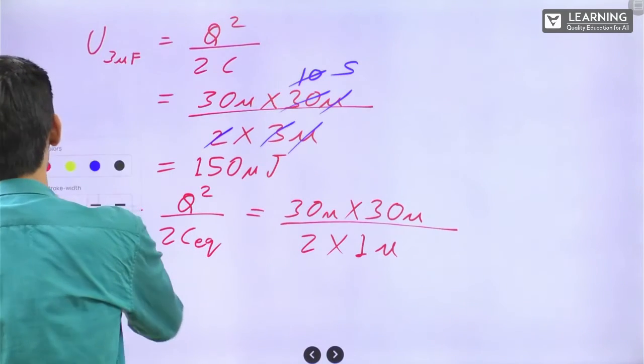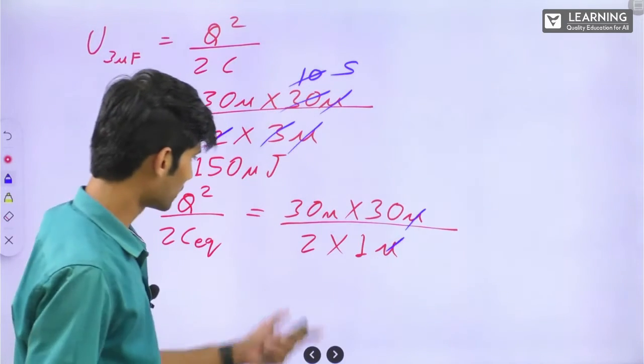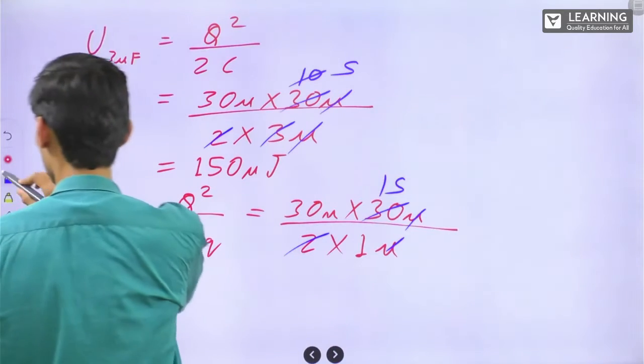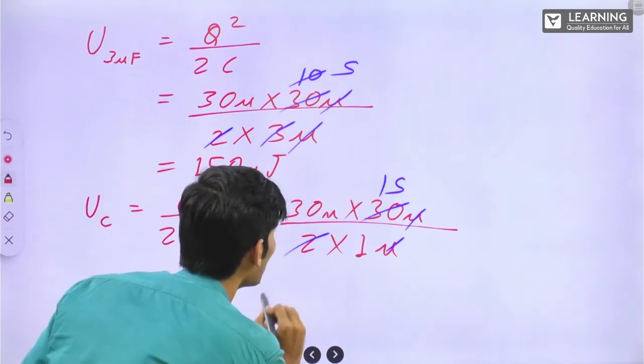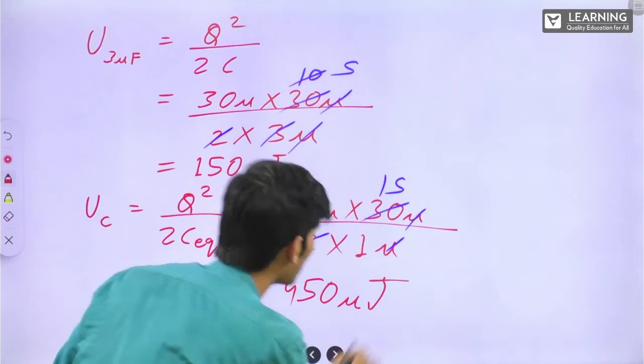All right. So now from here, if you see, this micro got cancelled. 2 15s are 30, 3 15s are 45. So this will be 450 microjoule. Clear?